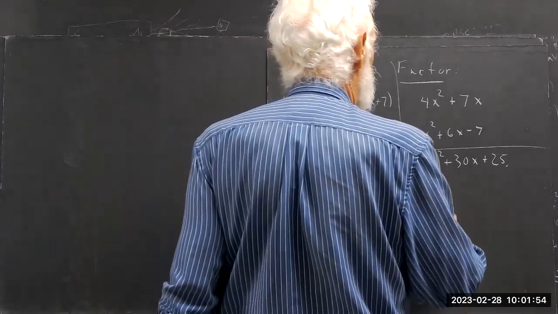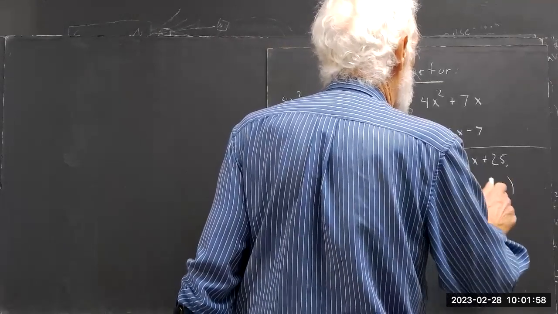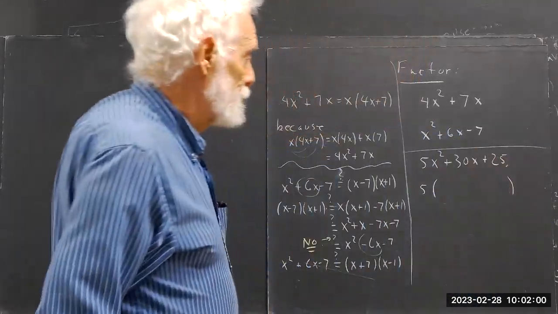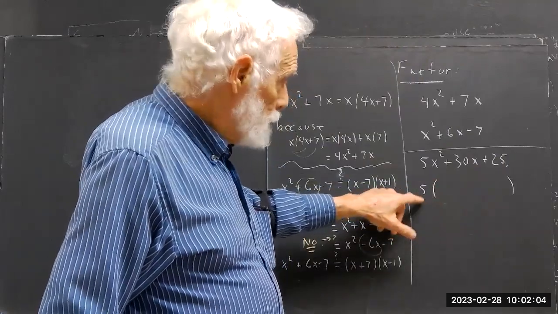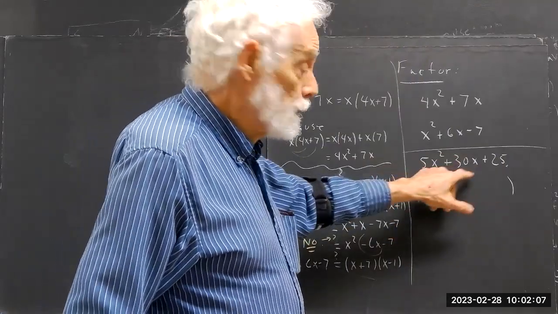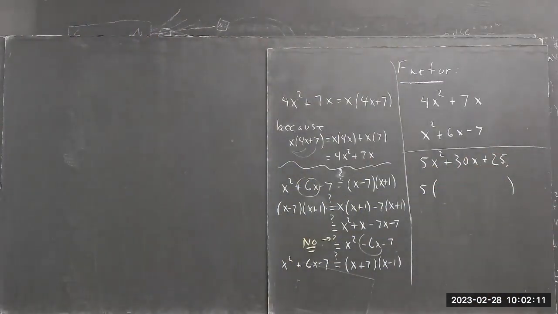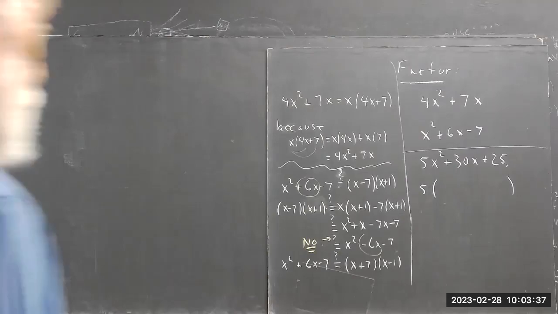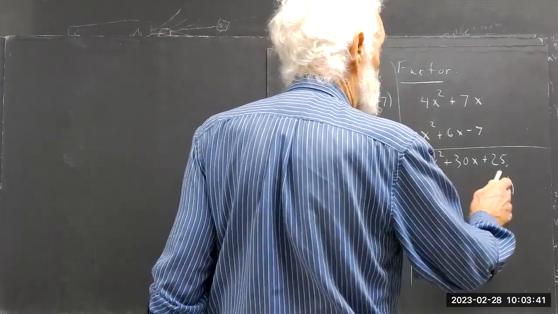So what we can do is factor out 5. So 5 times what would give you this? You're going to have 3 terms here. If you multiply each one by 5, you're going to get this, this, and this. What are you going to get? If we factor out 5, then we're going to get 3 terms here.